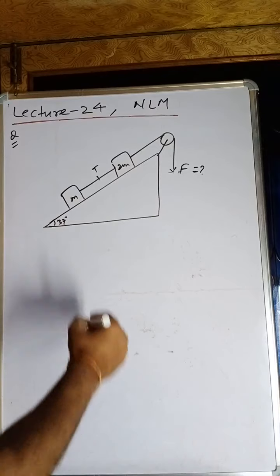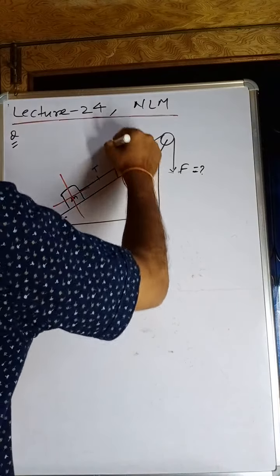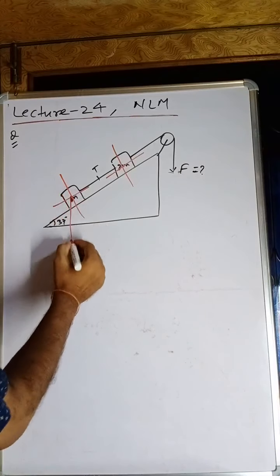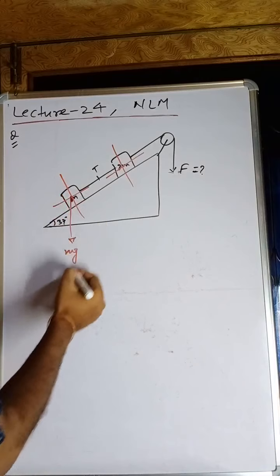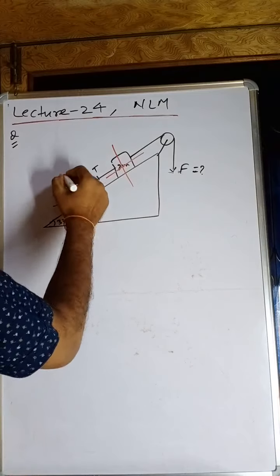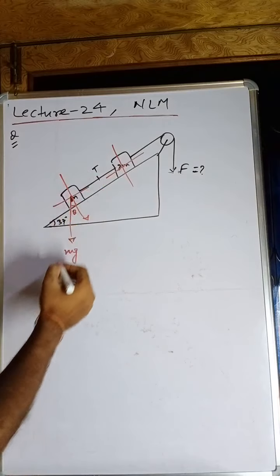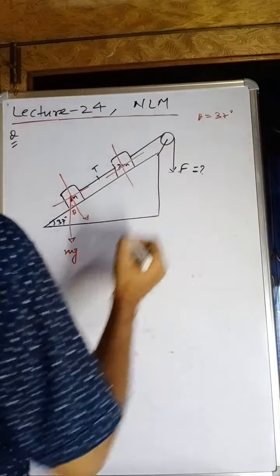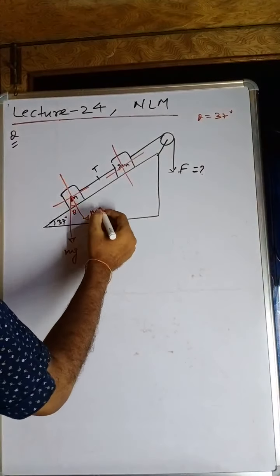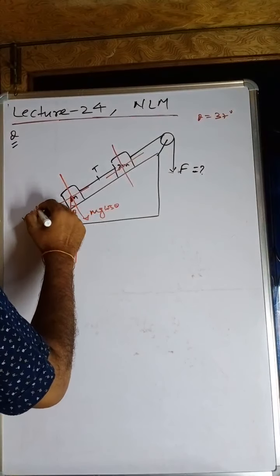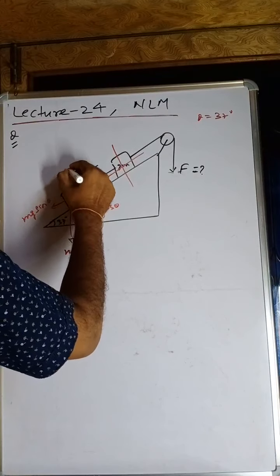As we have discussed, first we have to make the free body diagram. Here the mass M and theta. We know that we must represent theta with the y-axis. Here theta is 37 degrees. mg cos theta and here mg sin theta, and normal.